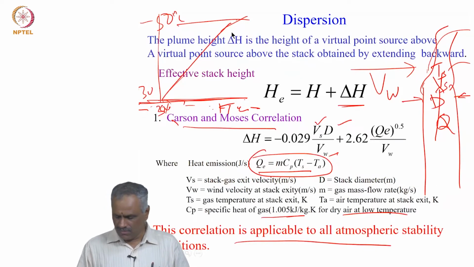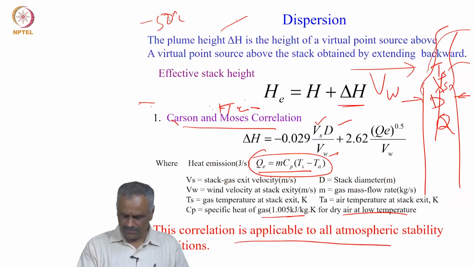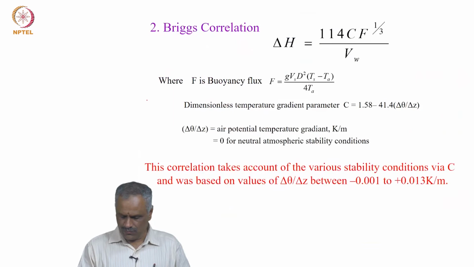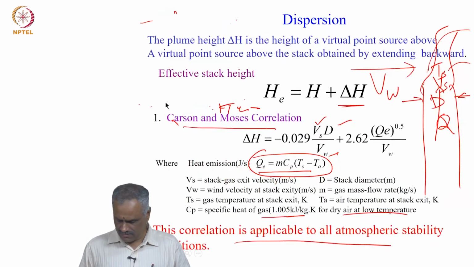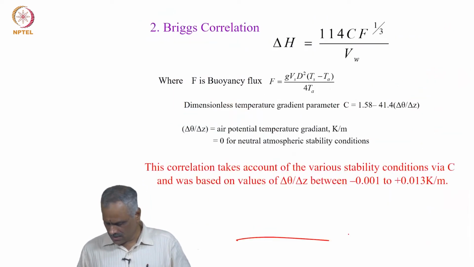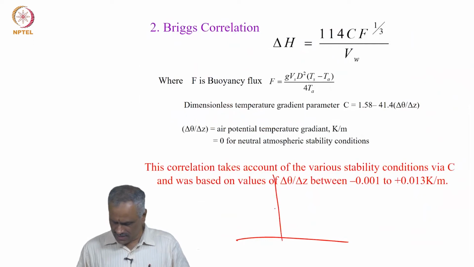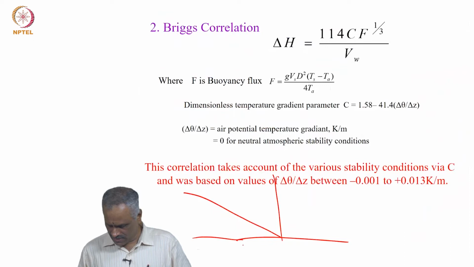If you represent it this way, with temperature on one axis and height on the other, negative on one side and positive on the other.